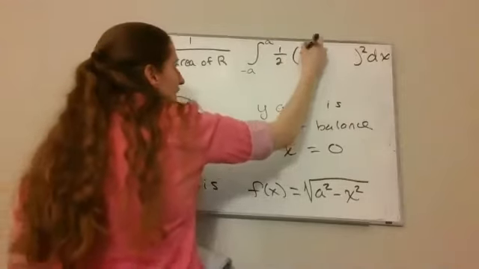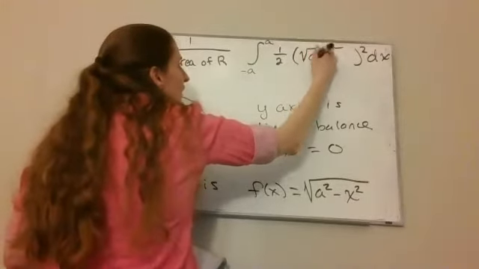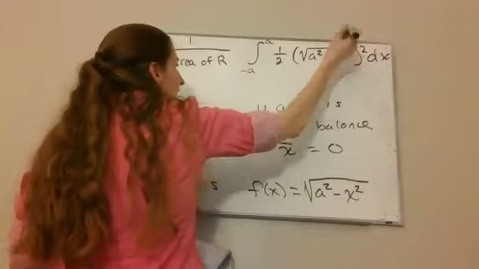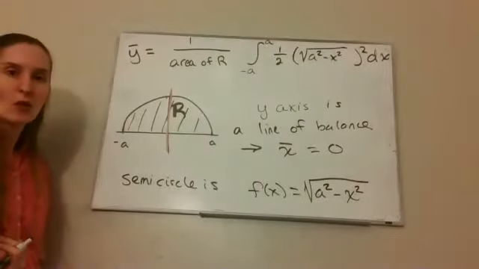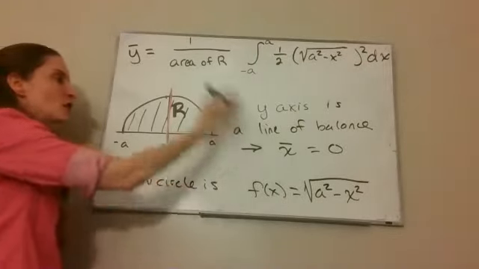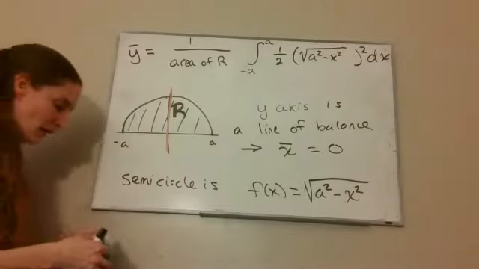And my function is the square root of a squared minus x squared. So again, this just comes from the formula for y bar, and I'm just plugging this function into the formula.